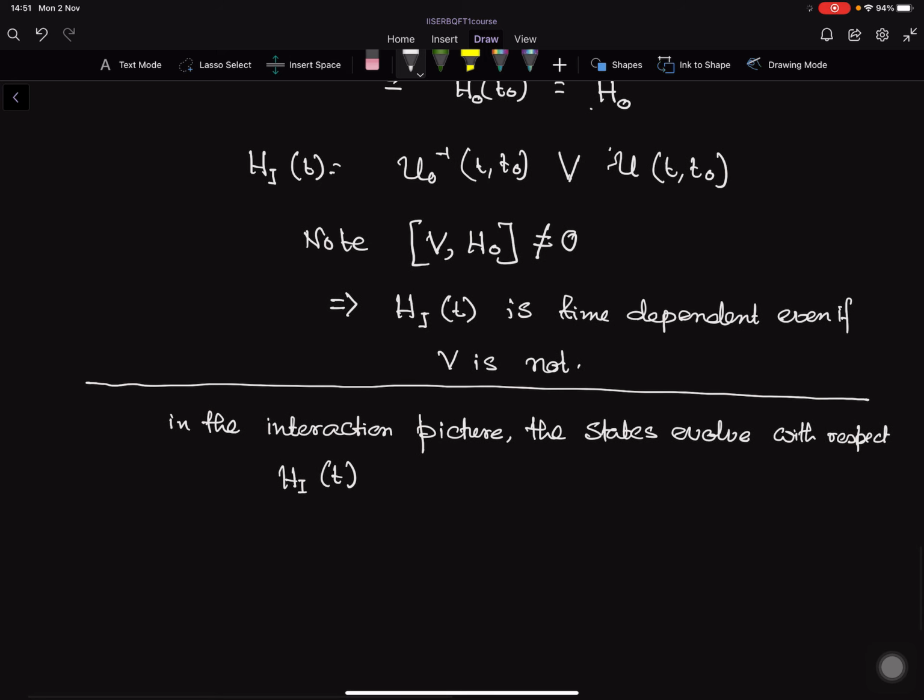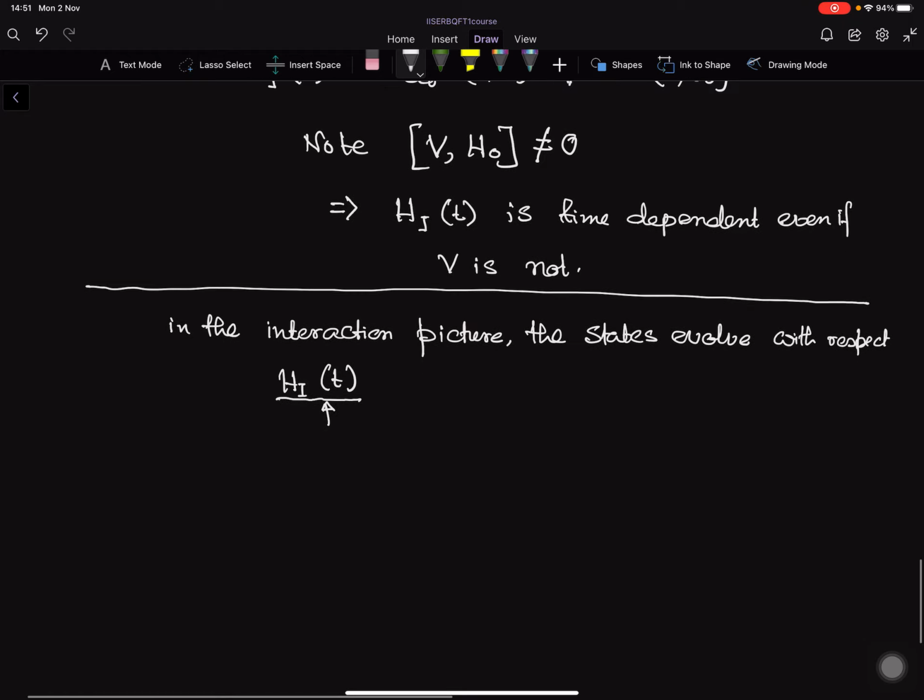Okay, so that's why it is different. This is somewhere in between the Schrodinger picture and the Heisenberg picture, because in the Heisenberg picture it would have evolved with respect to the full Hamiltonian, whereas in the Schrodinger picture it wouldn't have evolved at all. Whereas in the interaction picture it actually evolves, but it evolves with respect to just the interaction Hamiltonian part, not with respect to the free part.